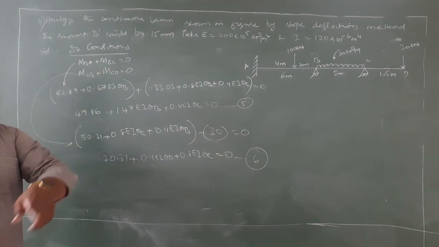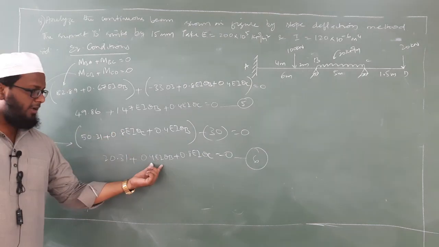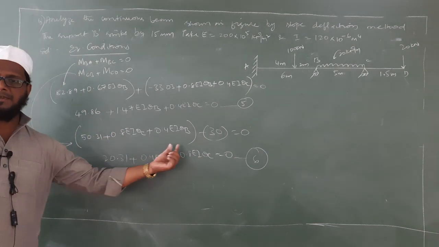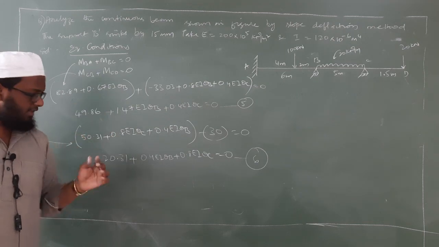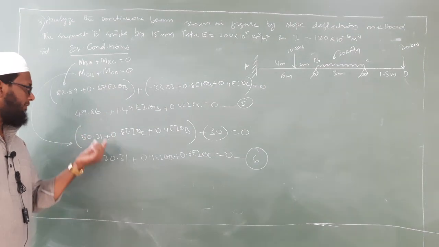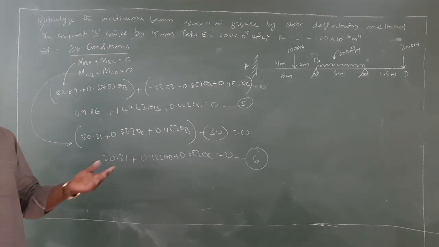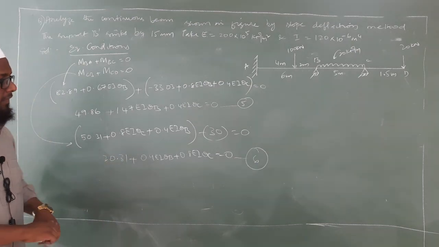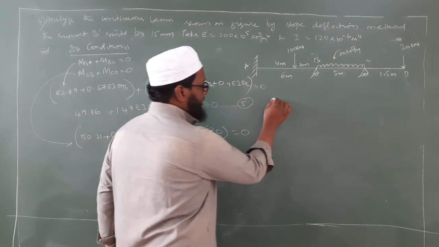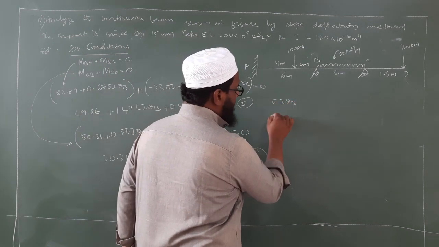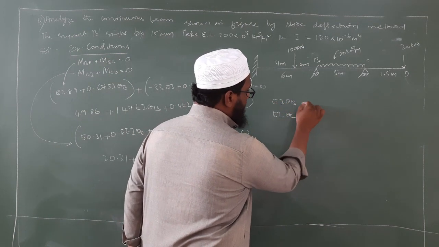Now we can solve these two equations, equation number 5 and 6. Open your calculators, and this is your EI theta B, theta C. This is AX plus BY is equal to C. So substitute this 20.31 and 49.86 in minus sign, okay. In your calculators it is minus equal to C, right. Once you solve that one, you will get EI theta B value and EI theta C value there itself.